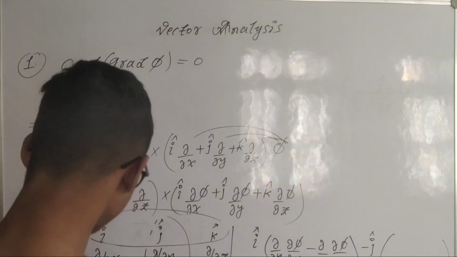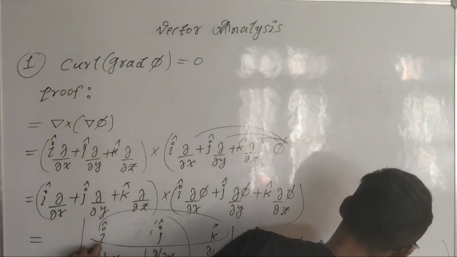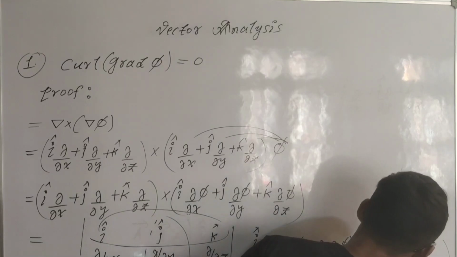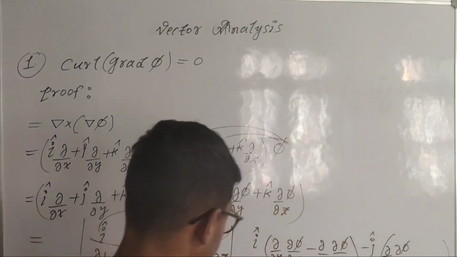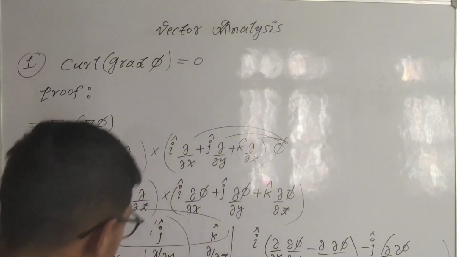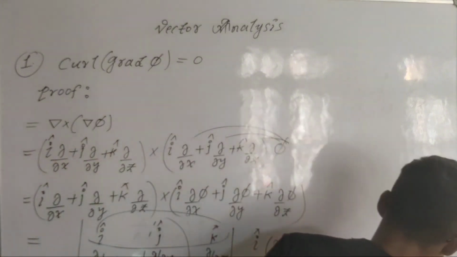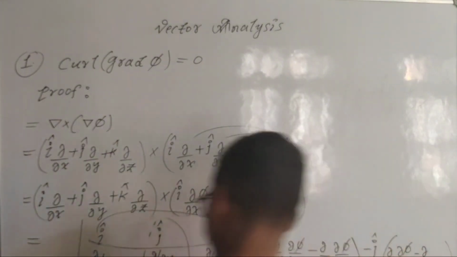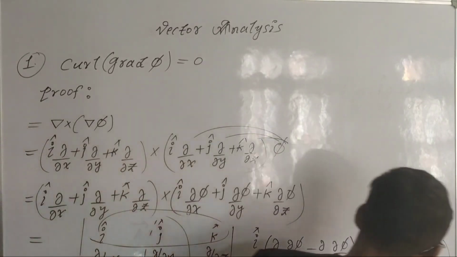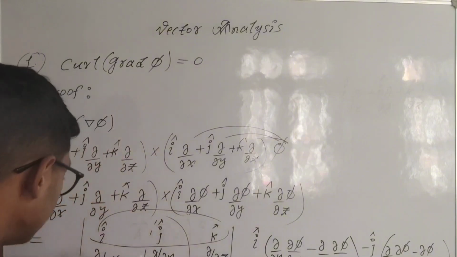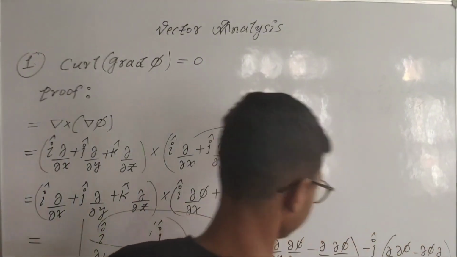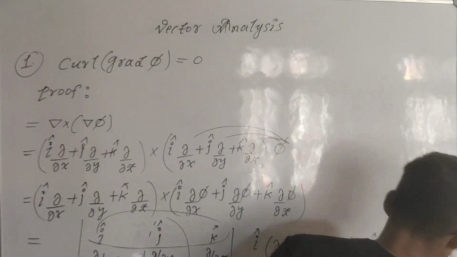So it is del by del x, del phi by del z, and then this one and this one, minus del phi by del x times del by del z.